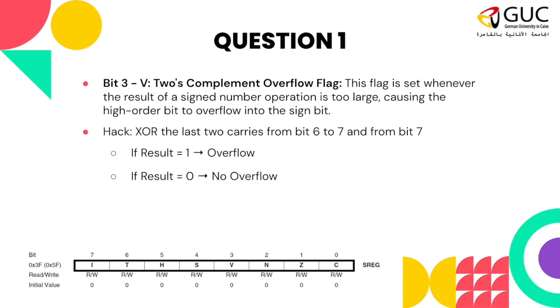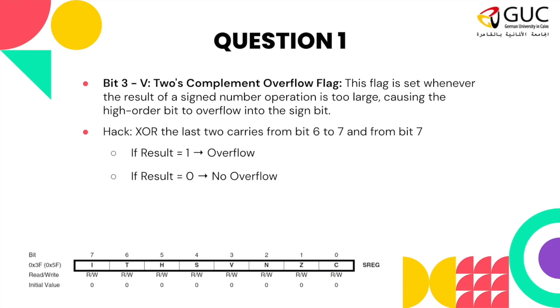Therefore, if I am adding 2 positive numbers and I find that the result's bit number 7, the most significant bit, is 1, this means that an overflow occurred, because adding 2 positive numbers should result in a positive number, not a negative number.